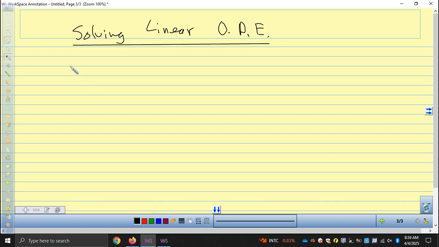So we're going to be given a sub n y to the n, sorry, this should be y n, plus a sub n minus 1 times our n minus first derivative, plus dot dot dot plus a0 y equals some g of t.